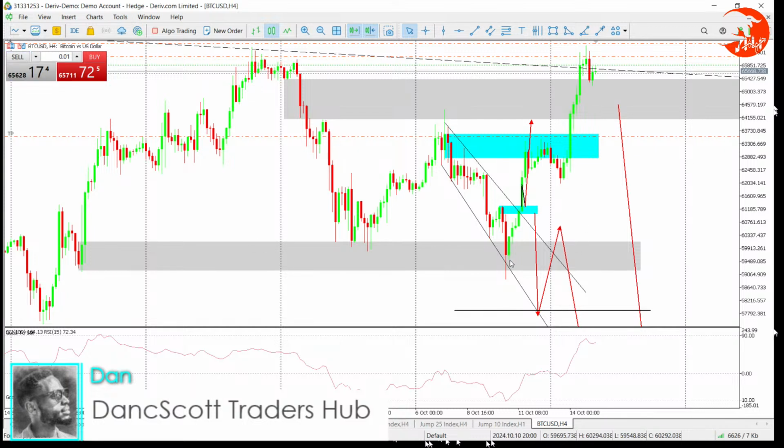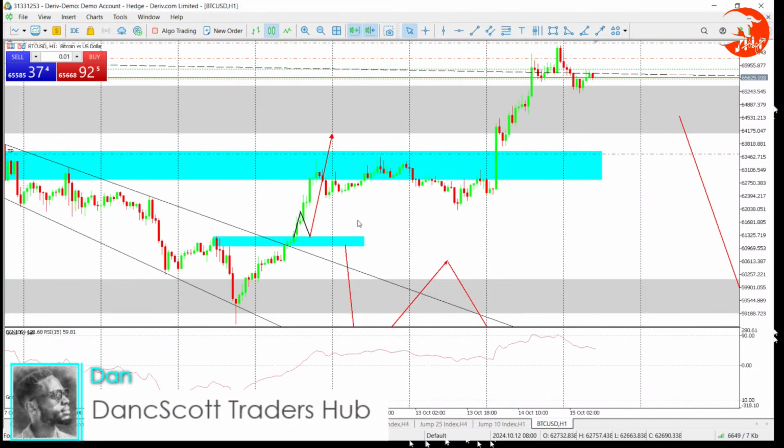For those who were around last week, remember we had this setup. This was an H4 setup, and we had anticipated that for us to make an entry, we wanted to see something like this on H1. That's what we wanted to look at on H1, but it never happened.